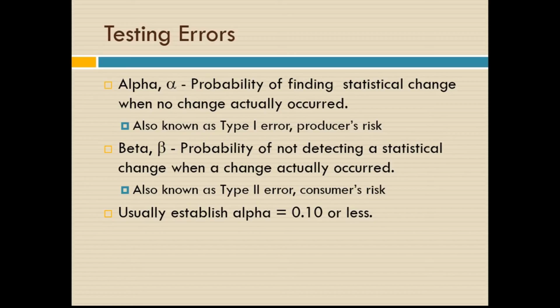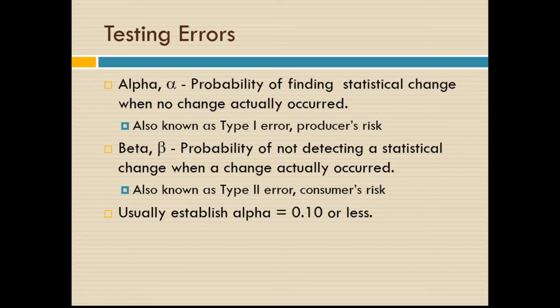We think there's nothing wrong. In reality, there is something wrong. So that means that we're going to get a bad product out into consumers' hands, and the initial disutility is by the consumer. So it's called a type 2 error, beta, consumer's risk. It all means the same thing.